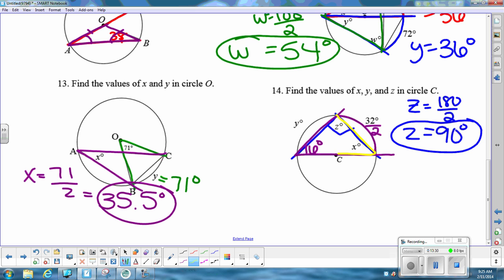So if I look at angle X, it needs to be 19 plus 16, which is 106. Subtract that from 180, and I get 74 degrees. So X is 74. And then Y is the measure of its intercepted arc. So I do 74 times 2 and get 148 degrees for Y.